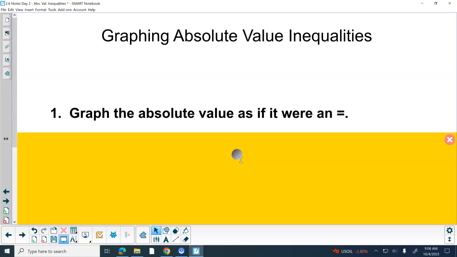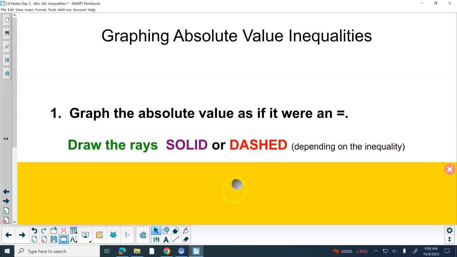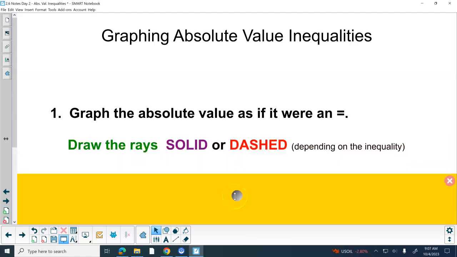Okay? What does the absolute value graph do? The V, right? It's either a V if A is positive, or it's a multiplier. Okay? So we're going to graph that as if it were an equal sign. But because we're dealing with an inequality, we're going to draw those rays either solid or dashed.